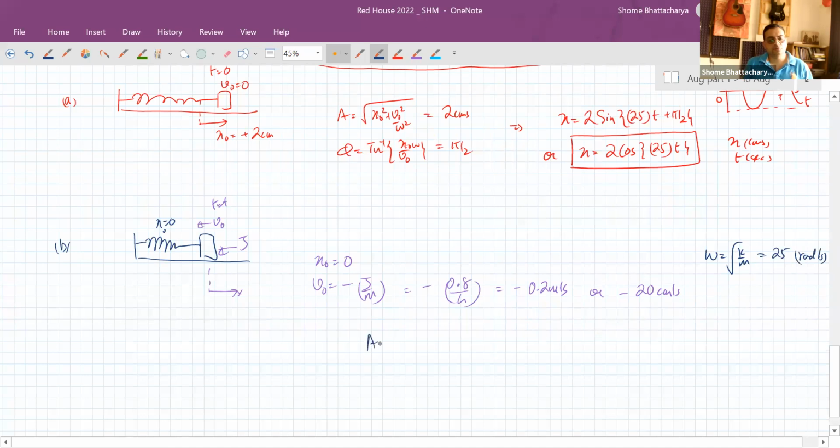So the amplitude, which is square root of x naught square plus v naught square by omega square, here just becomes 20 by 25 in centimeters. So the amplitude becomes 0.8 centimeters.